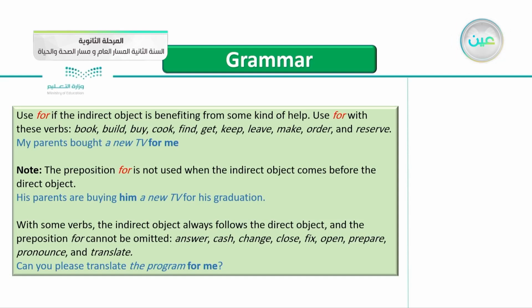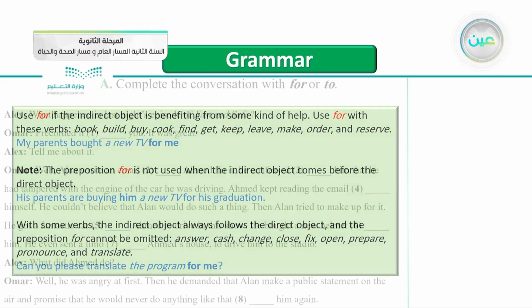So with these verbs, we cannot omit for, and the indirect object always follows the direct object. Can you please translate the program for me? So the indirect object is following the direct object, the program and for me, and we cannot omit for here in this example.